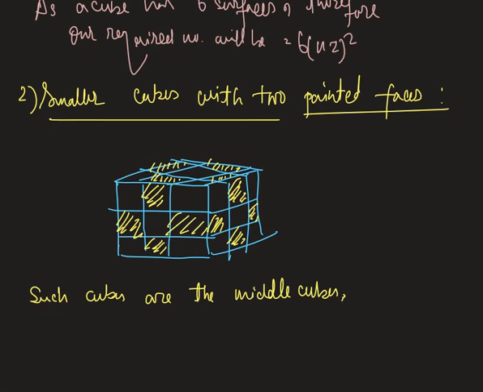As a cube has 12 edges, the number of smaller cubes having two surfaces painted in a large cube is 12 multiplied by (n minus 2). If we take n equal to 3, the result will be 12.